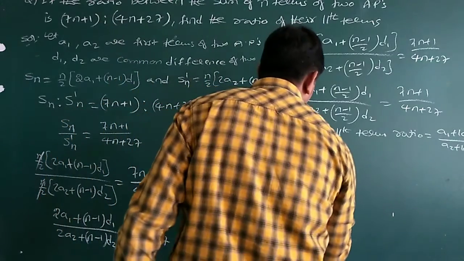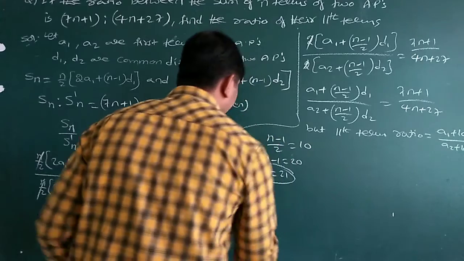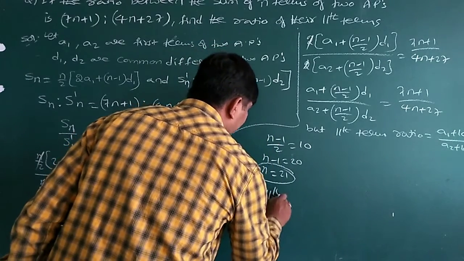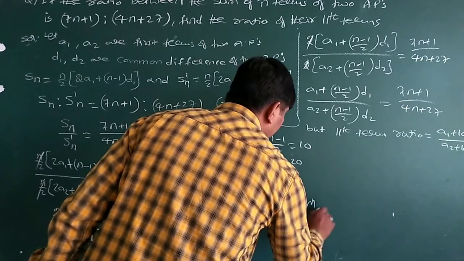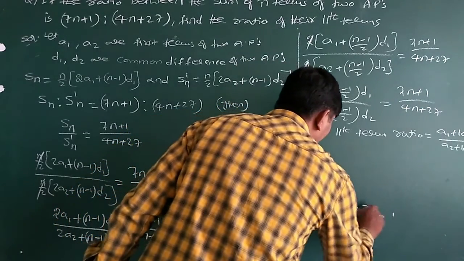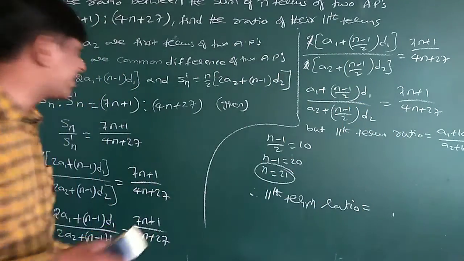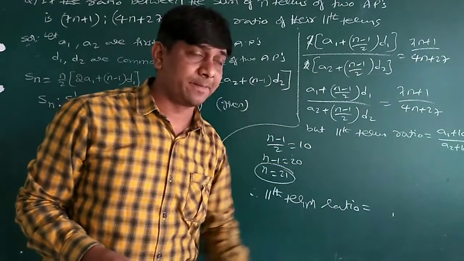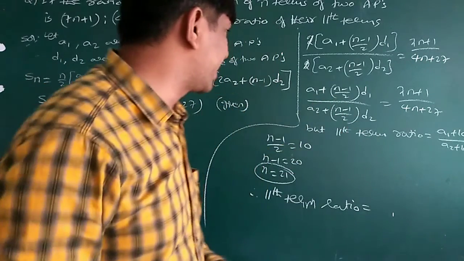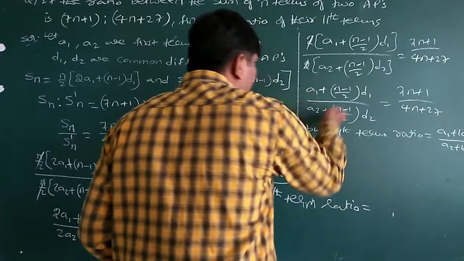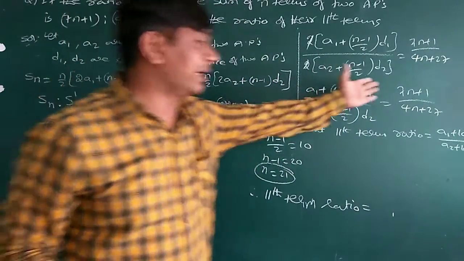Therefore, the 11th term ratio: after all simplification I got the nth term ratios. These are all my assumption values, so here only I compare. This is the given one.